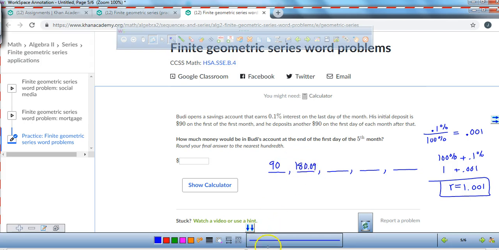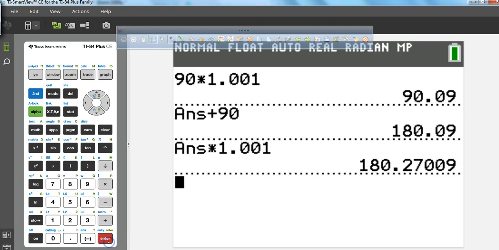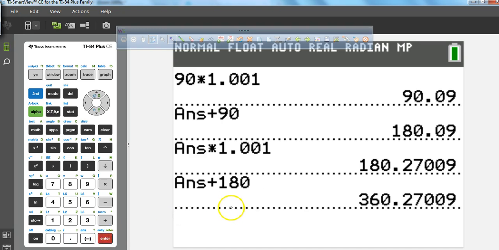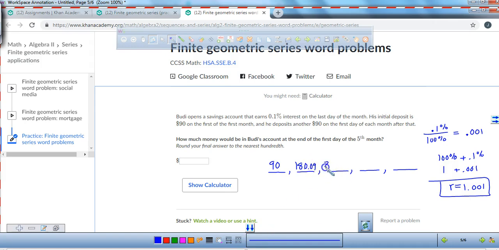Then I'm going to take that answer and multiply it by 1.001. And then I'm going to add another 180 to it. What am I doing? Not 180, silly. Adding 90 to it. Let me try that again. And that puts us at 270.27.